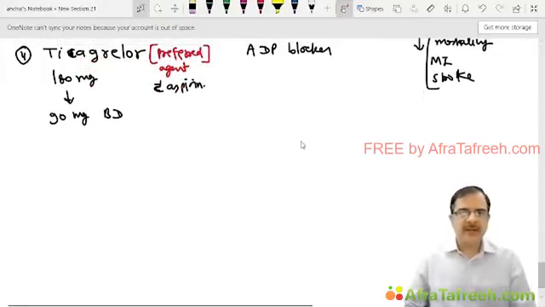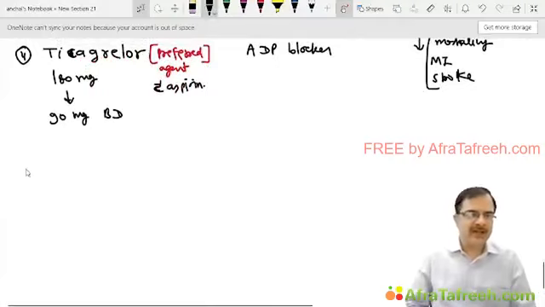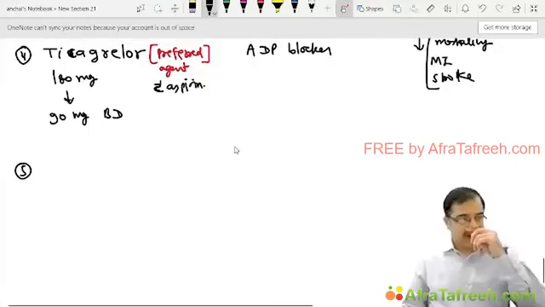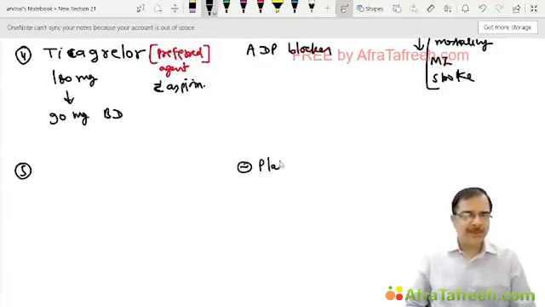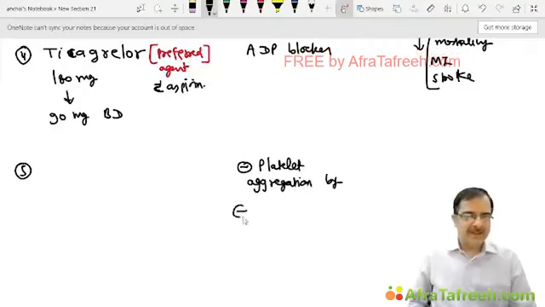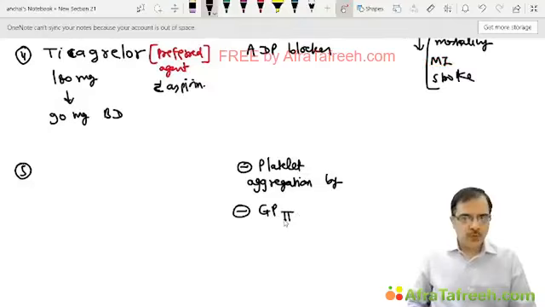Now, coming to the fifth antiplatelet agent, with mechanism of action number 5. These agents were used very frequently earlier, and they inhibit platelet aggregation by inhibiting glycoprotein 2B3A.